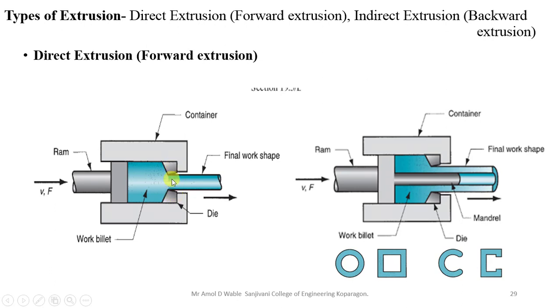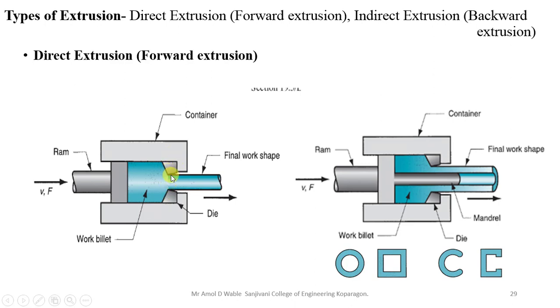The die is made of a very hard material, tungsten carbide, because after working a number of times there might be chances of wearing of this die. Tungsten carbide has very good wear resistant property. You may think why they have not made the chamber of the same material, and made only the die of a hard material.